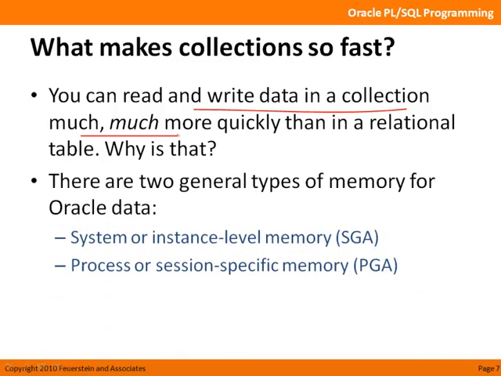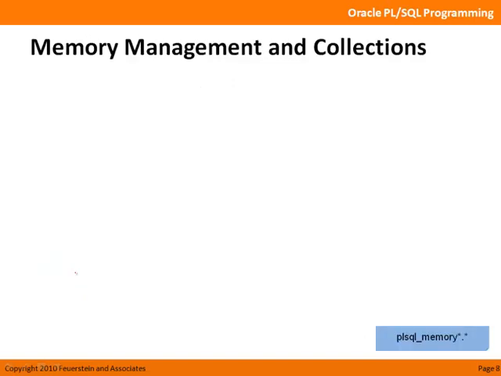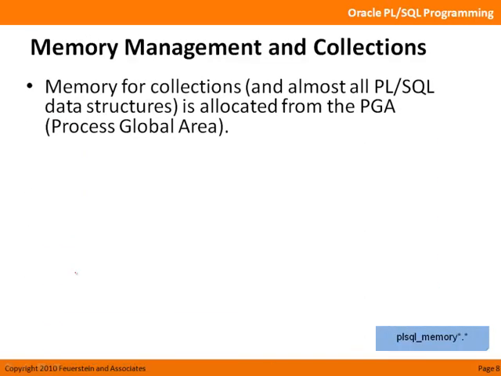In general, there are two types of memory that Oracle uses to manage the data for your applications. There's system or instance level memory, called the SGA, the system global area. And then there's process or session specific memory, called the PGA, the process global area. So the SGA and the PGA. Now, I'm greatly simplifying matters, but in a rough cut, this is true. And when you work with collections, and almost really any PL/SQL data structure, what you're doing is working with process global area memory, PGA memory.